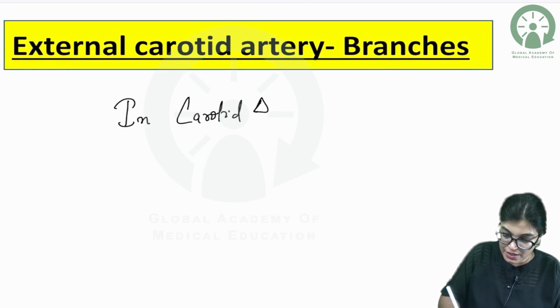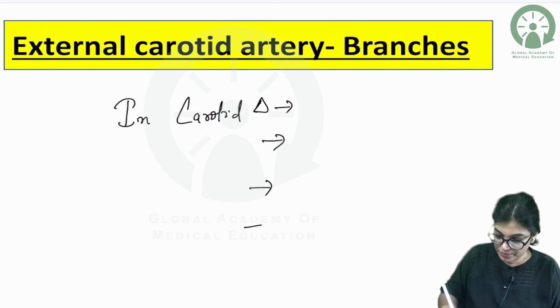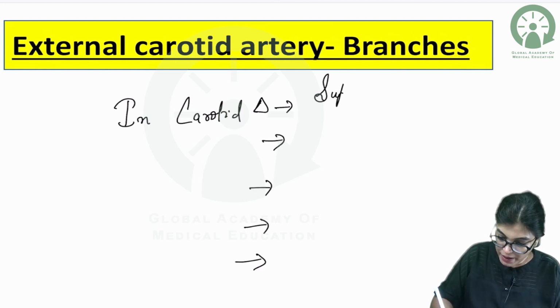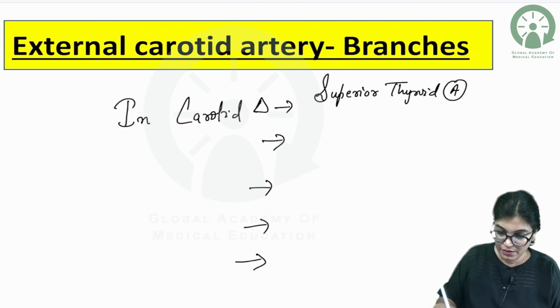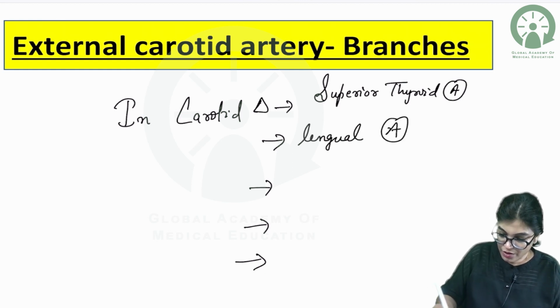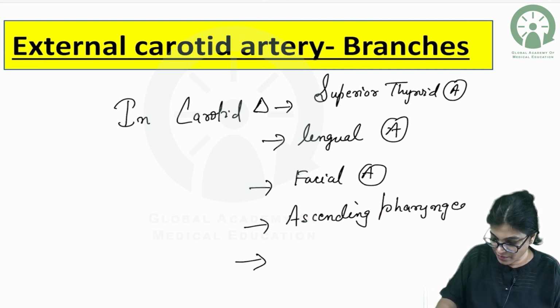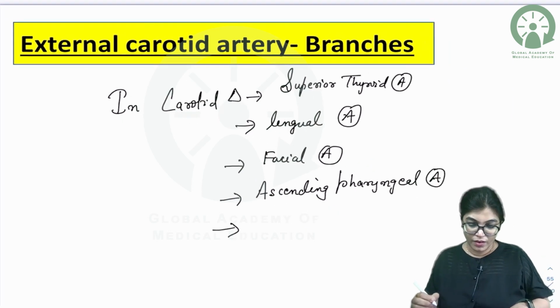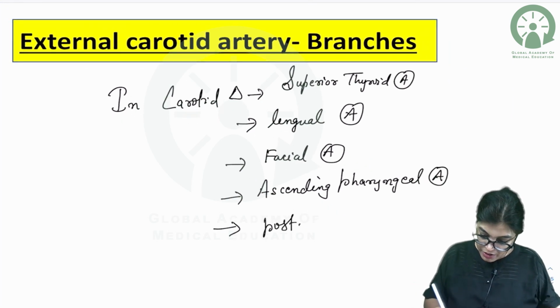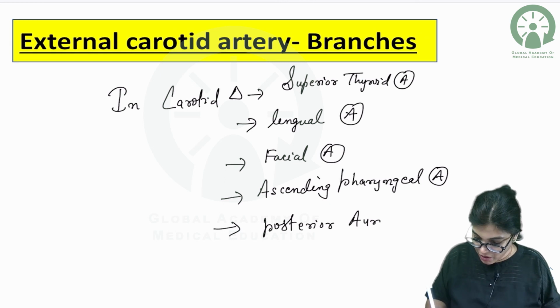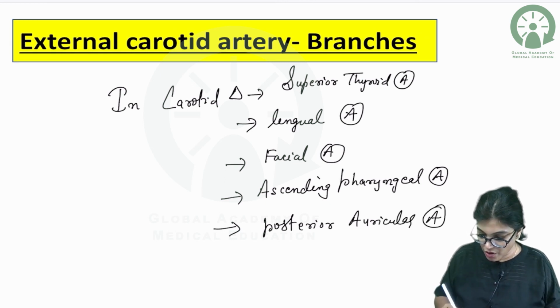The branches which are given in the carotid triangle are superior thyroid artery, lingual artery, facial artery, ascending pharyngeal artery, the posterior auricular artery and that of occipital artery.